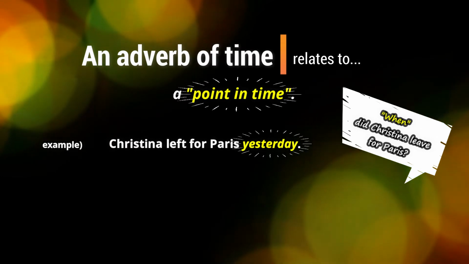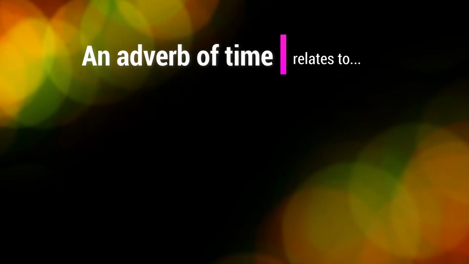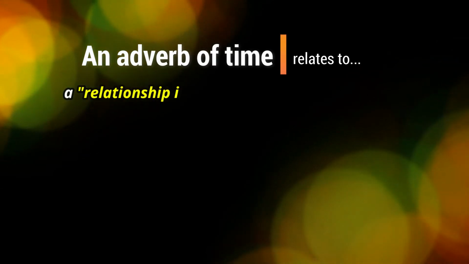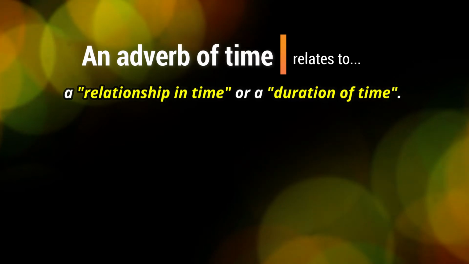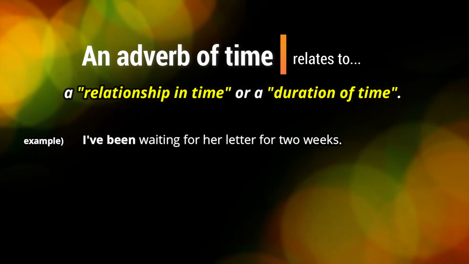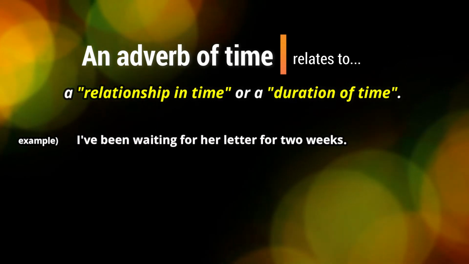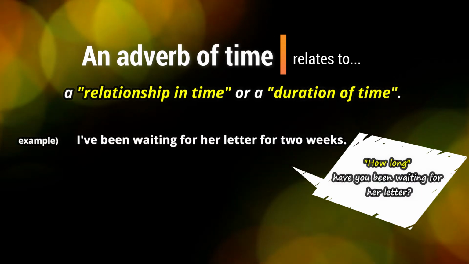On the other hand, this next example relates to a relationship in time or a duration of time. So in the example, I've been waiting for her letter for 2 weeks. How long have you been waiting for her letter?